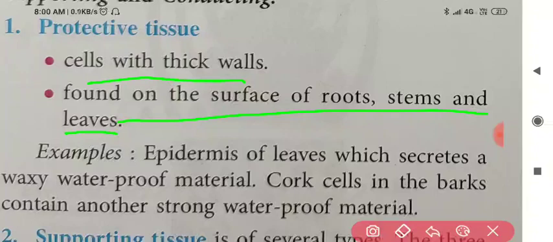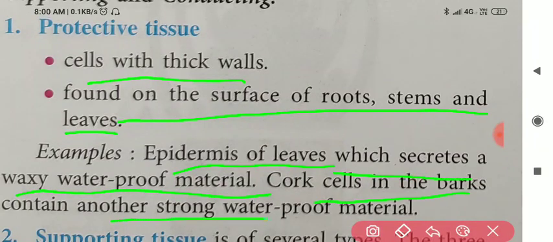Next, examples for this protective tissue: epidermis of leaves, which secretes a waxy waterproof material. Then cork cells in the bark contain another strong waterproof material. Clear?